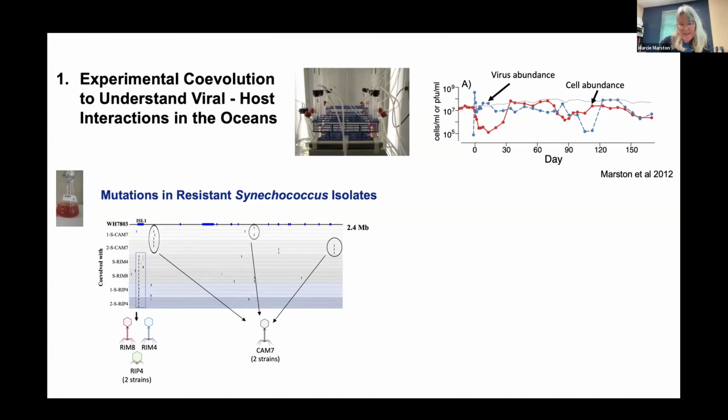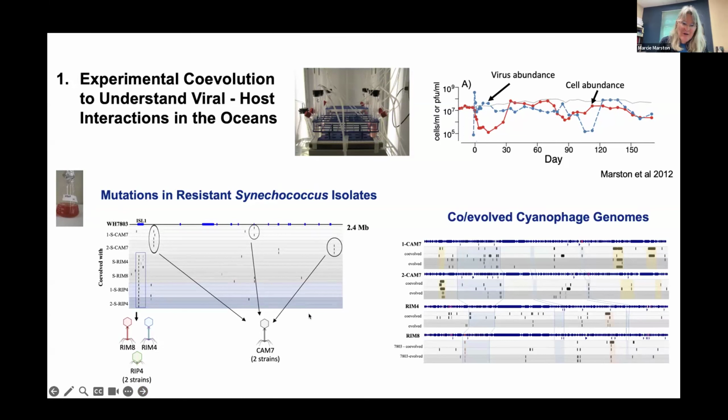So we also have sequenced all of the viruses that are present after 6 months of coevolving with their hosts. And here are these viruses. So there are two different strains here, RM4 here. Now, this is the genome of the virus, right? The ancestral genome.